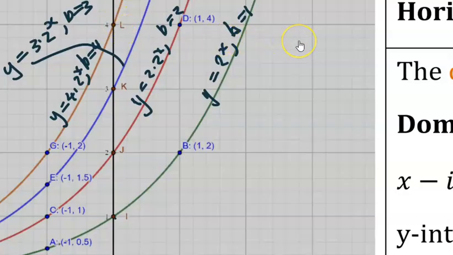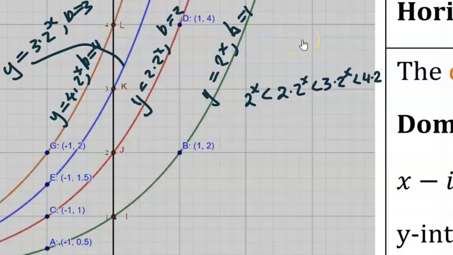So for my green graph, I can say that 2 to the x is less than 2 times 2 to the x, is less than 3 times 2 to the x, is less than 4 times 2 to the x, which we can easily see when x is equal to 0.